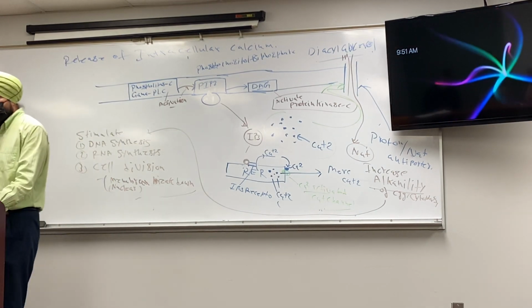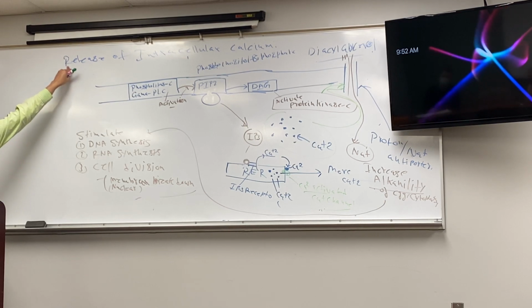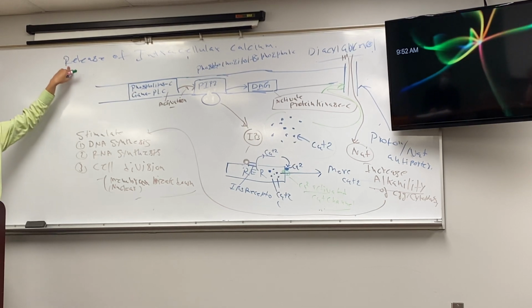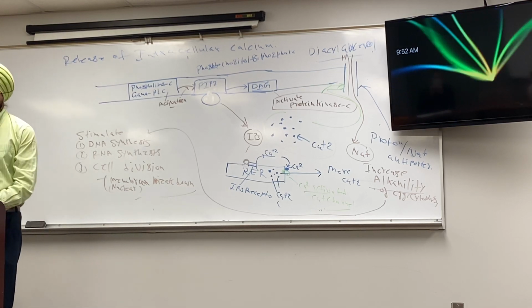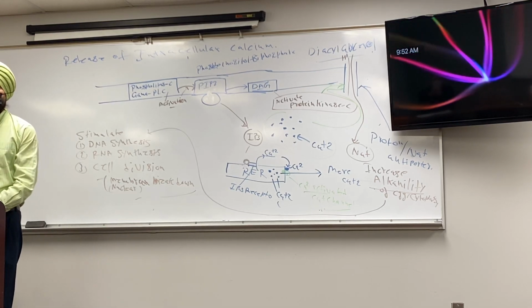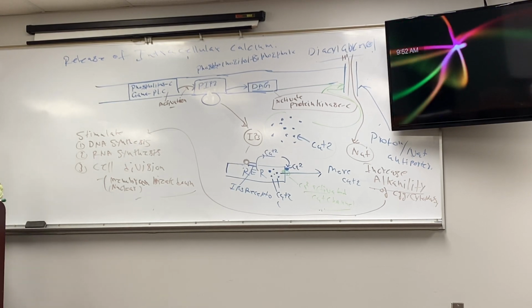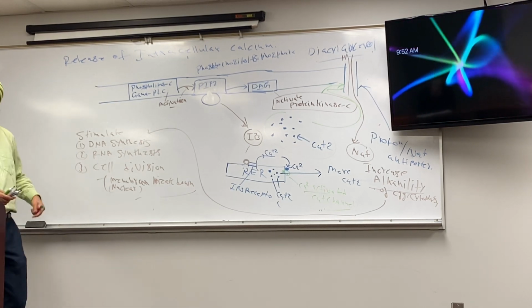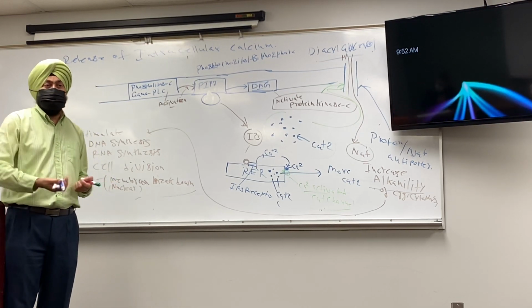Let me go back. So we are saying two views are there for the calcium activation. One view is that when the sperm binds the receptor on the egg, that stimulates the release of the calcium. The other view is that there are some soluble factors coming with the sperm.